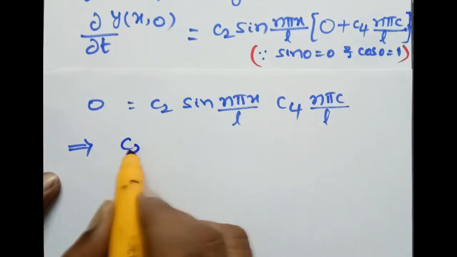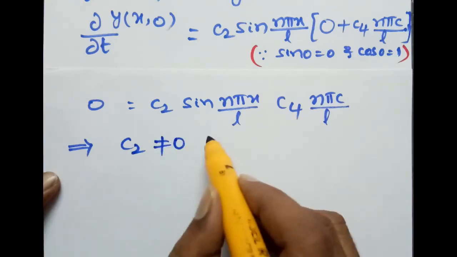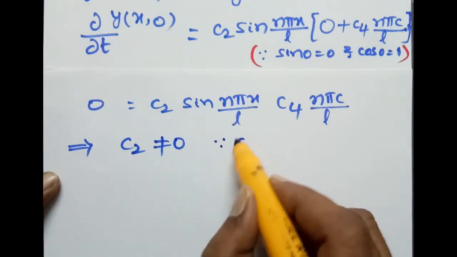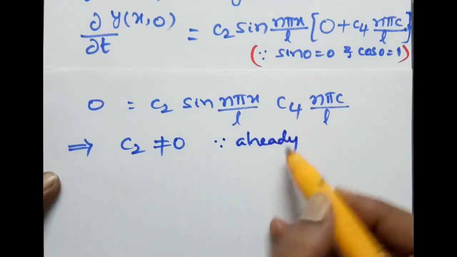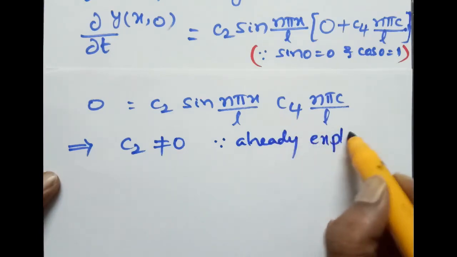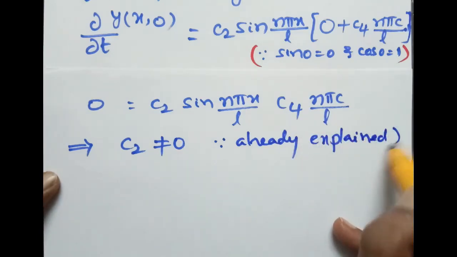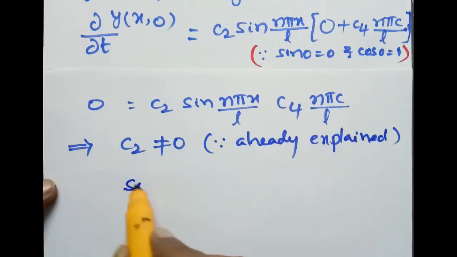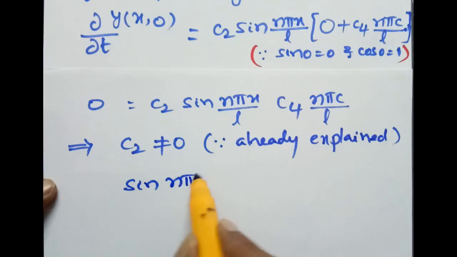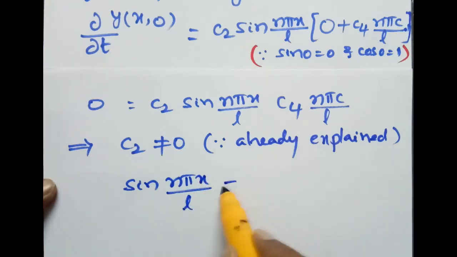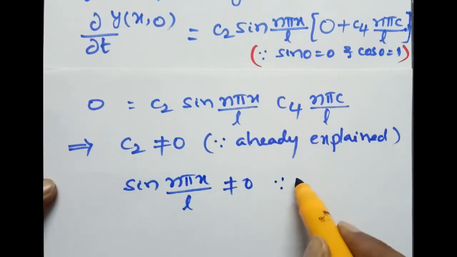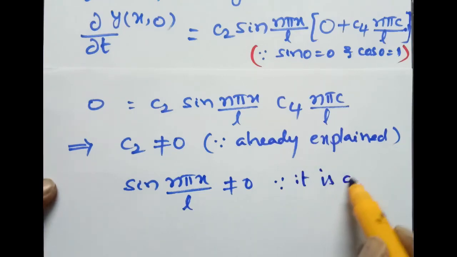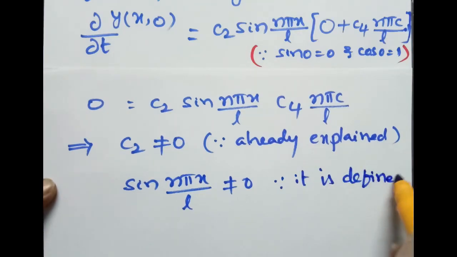This implies c2 is not equal to 0, and we have already explained the reason why. Sin n pi x by L is not equal to 0 since it is defined for all x.